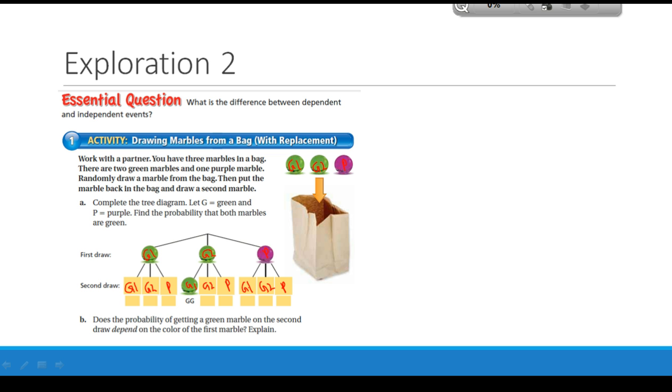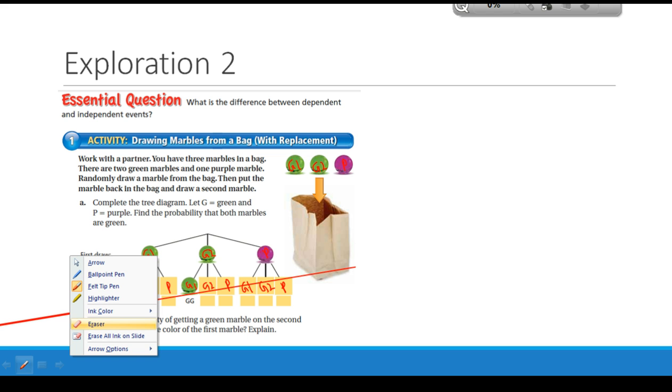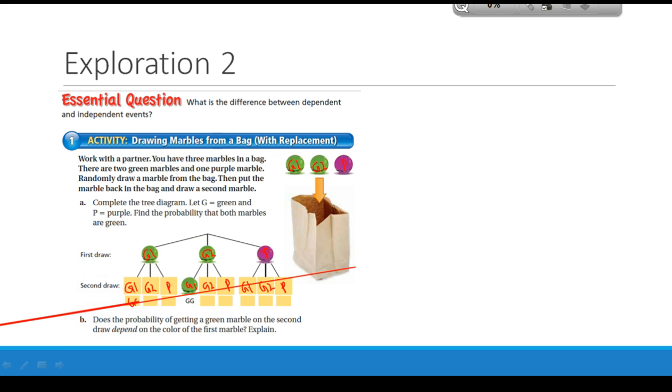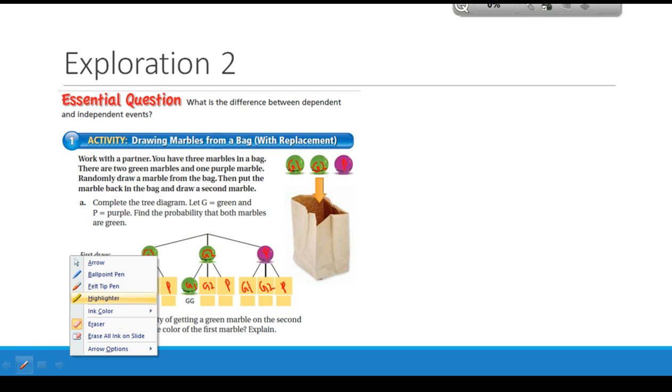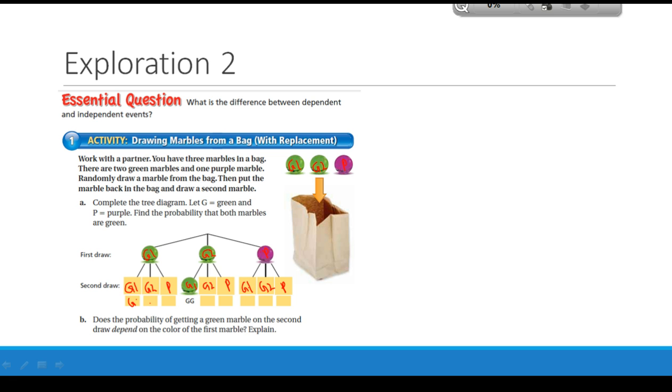So anyway, I'd have here a green green, a green green, or green purple, and green green, green green again, or green purple.